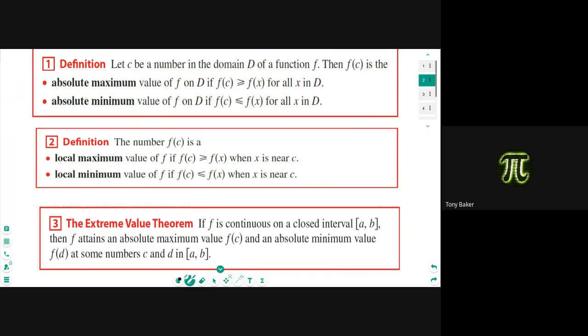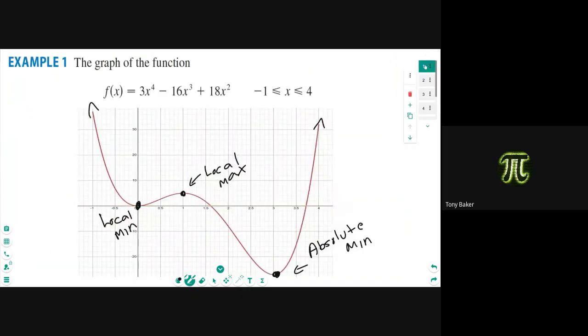Same concept. The extreme value theorem states if you are looking on a closed interval, so if the actual graph is stopping at specific points, for example on this one, if I said they were ending here, so it ended there and didn't keep going, that right there would be an absolute max.